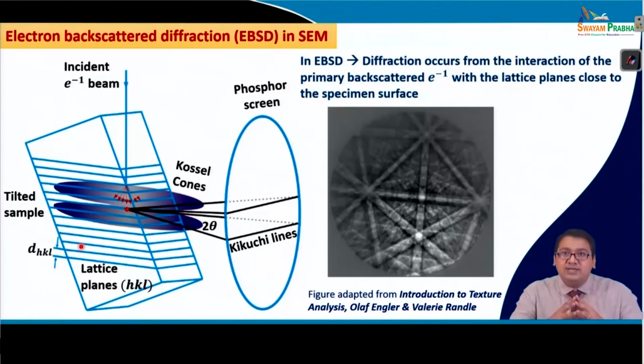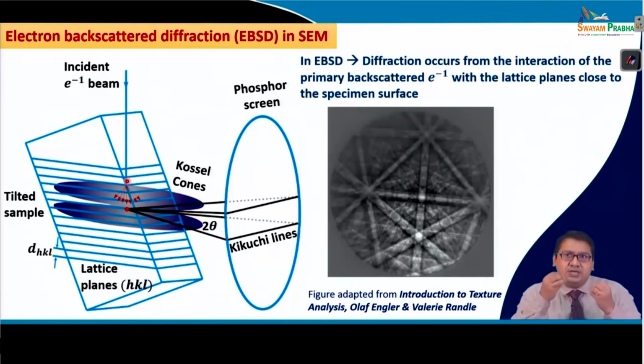So, multiple scattering takes place in the sample near the surface, at the interaction volume, for a certain small part where the electron beam is falling.